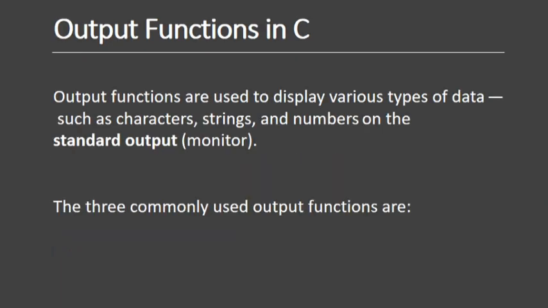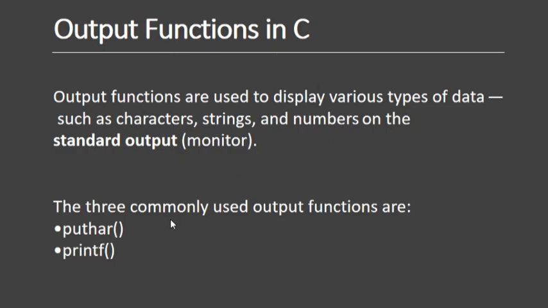Output functions in C are used to display various types of data such as characters, strings and numbers on the output screen. Whatever output you are executing is going to be printed onto the monitor. In order to print any information onto the monitor, we have to use the output functions.